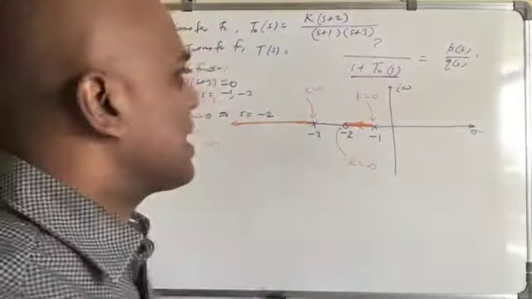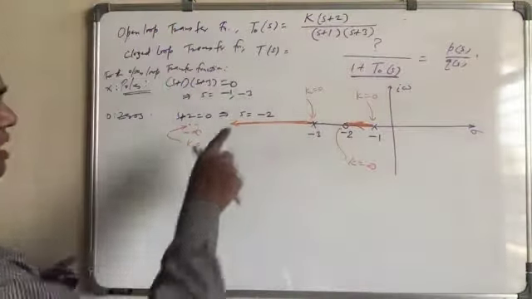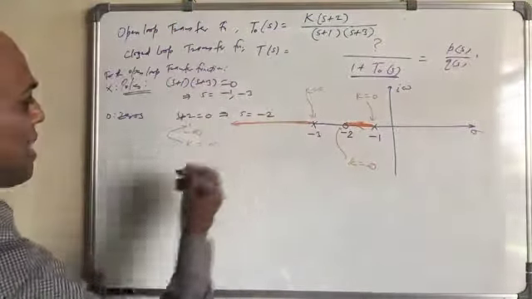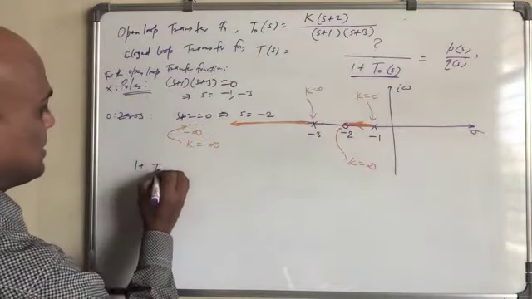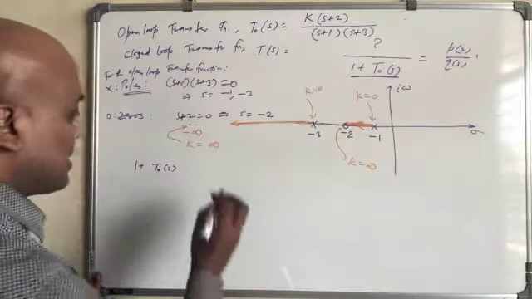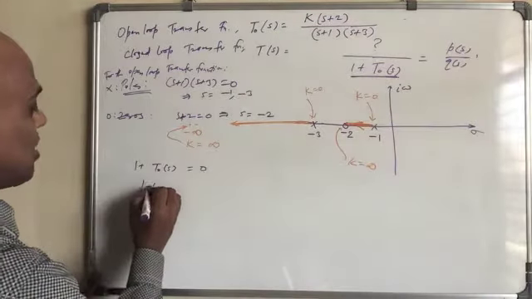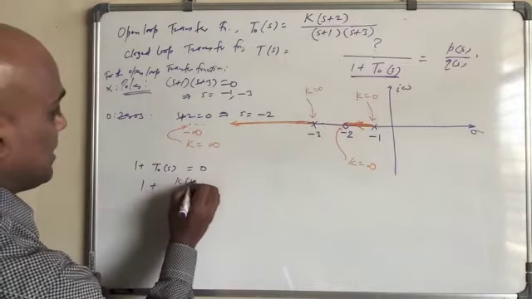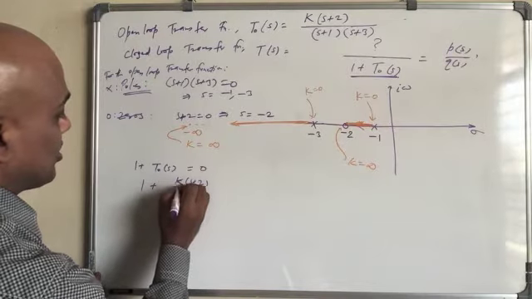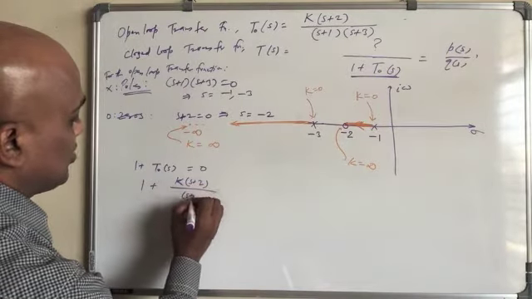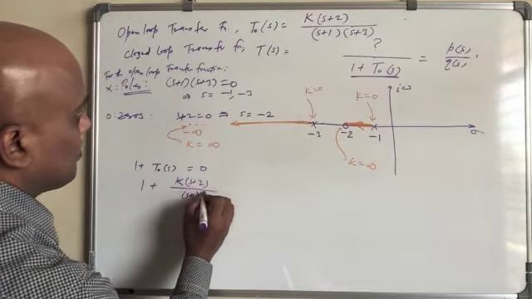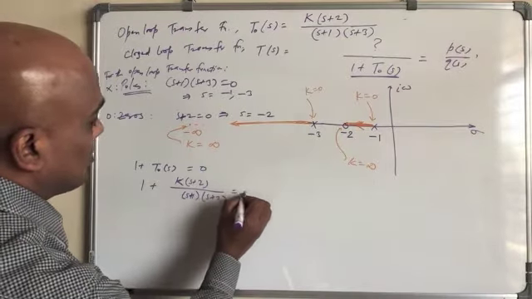So let's write down the characteristic equation for the closed loop system, which is 1 plus T naught S equal to 0. That comes to be 1 plus K times S plus 2 divided by S plus 1 times S plus 3 equal to 0.